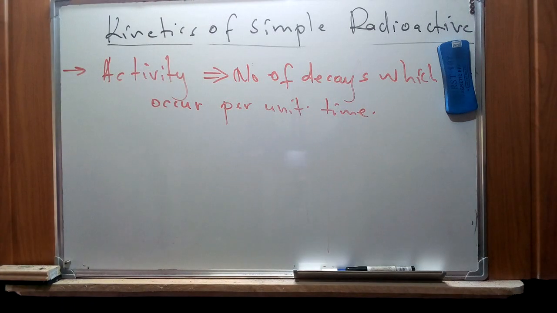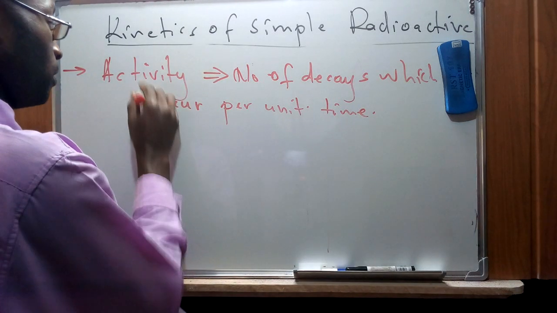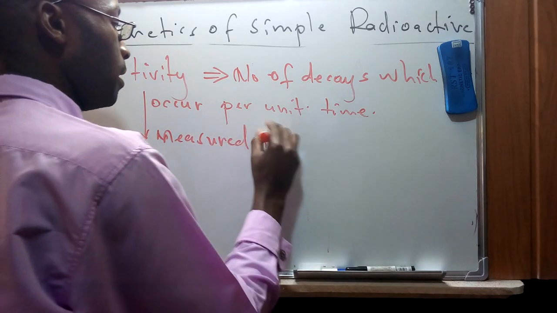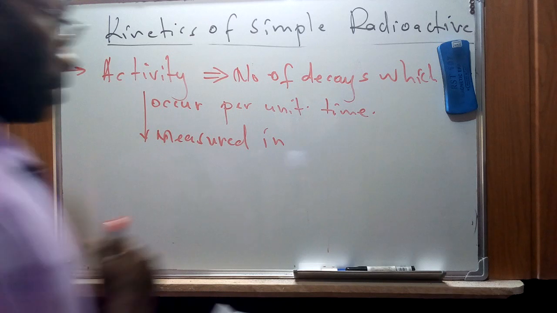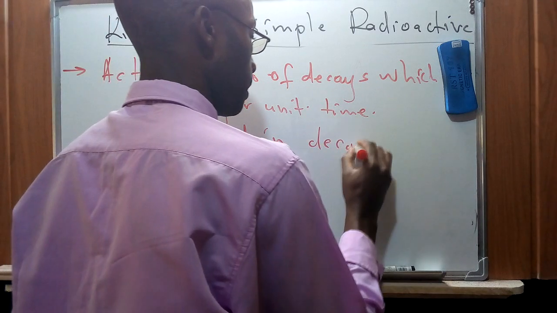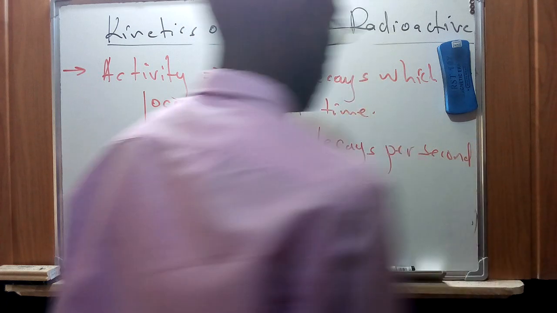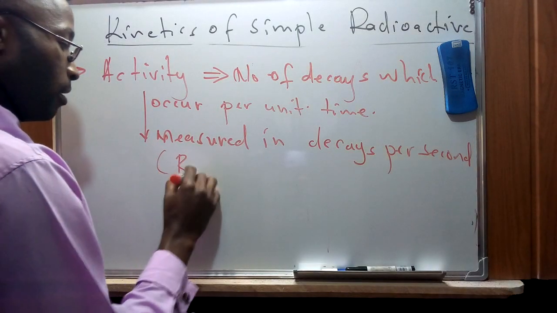And this one basically we are given as a decay rate, and this particular quantity is measured in decays per second, in units that are referred to as becquerels.